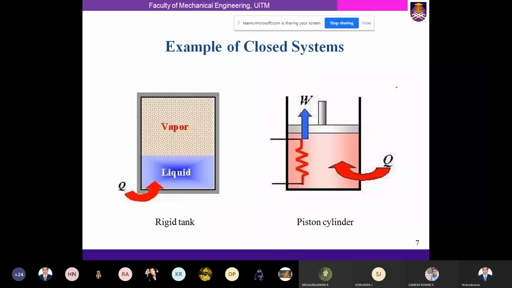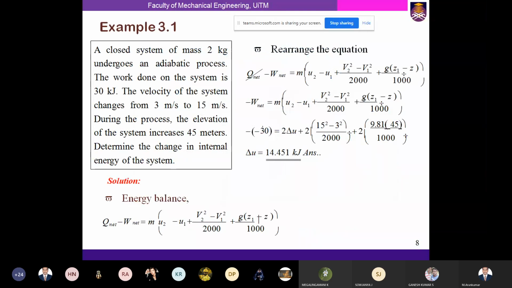But in this system, with a piston cylinder arrangement, if you add heat energy Q into the system, we can expect work. If you do work on the system, we can expect heat releasing from the system. So you know much more about the system, so we no need to go on with that. We can move to the problems.